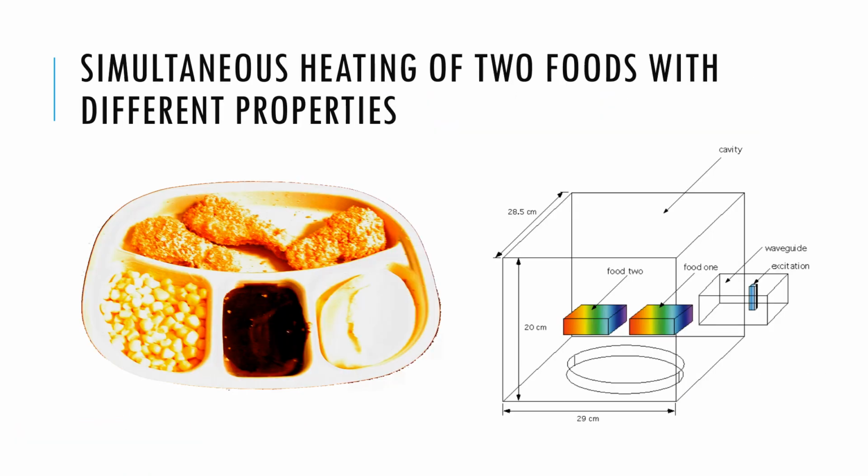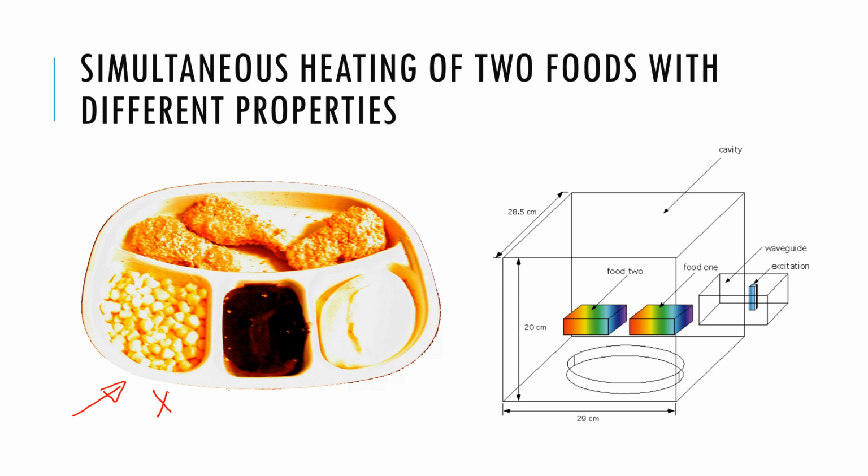Next, we want to talk about how two foods with very different properties would heat simultaneously, as would be the obvious application of this kind of trays, dinners that have many different foods together, and they're being heated at the same time. But this is too complex to study and make a conclusion out of.